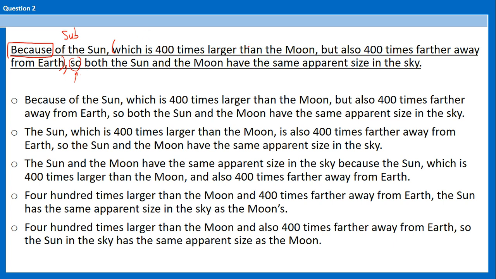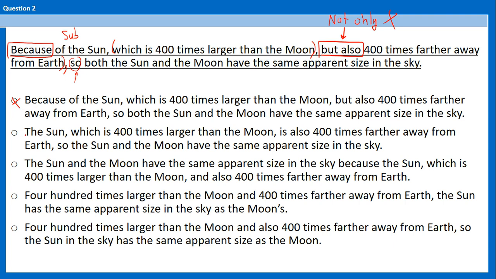Okay, which is 400 divided by 1. Okay, I forgot about this part. Another thing is that when you see the structure but also, it needs to go along with not only X, but also Y. Okay, so number 1 is wrong.